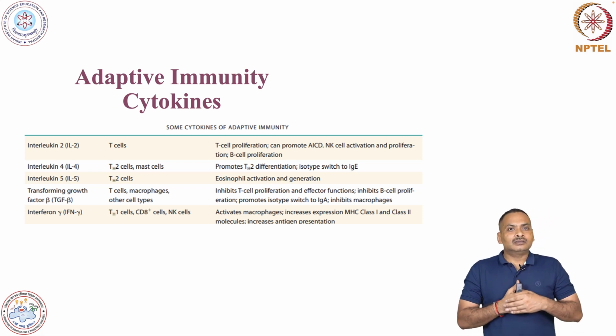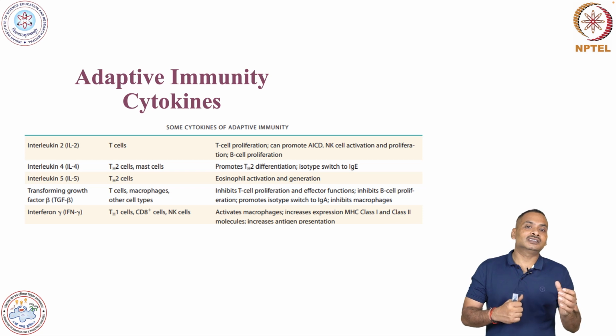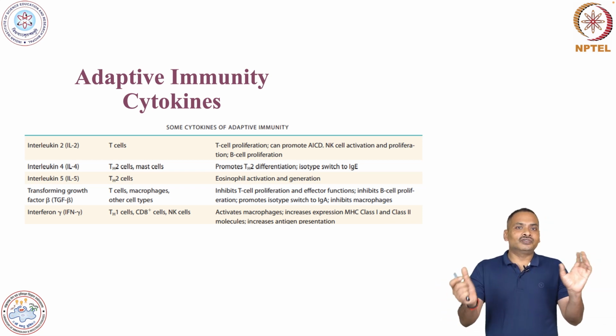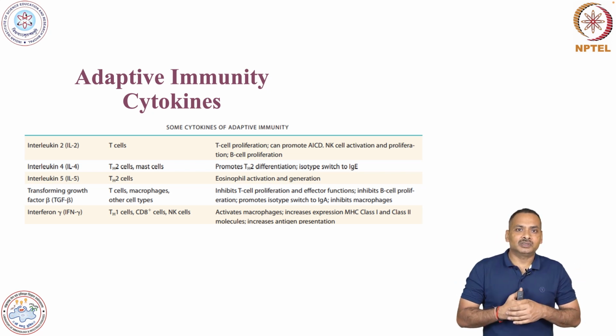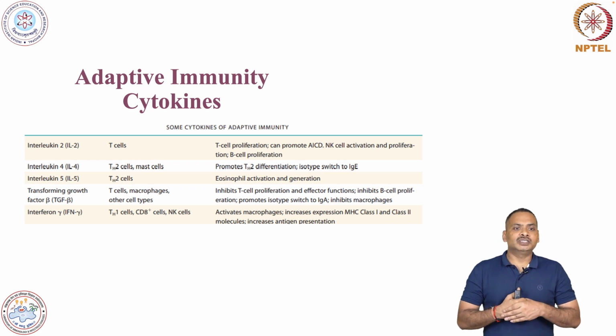Why did nature devise so many kinds of receptors? The reason is very simple. This has a huge effect. Okay. And this huge effect can be fine-tuned by making various kinds of receptor. Okay. So, IL-2 is mainly produced by the T cells, IL-4, IL-5 and TGF beta.